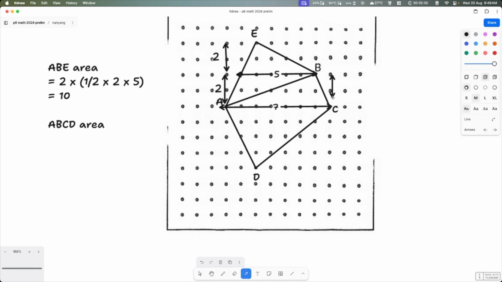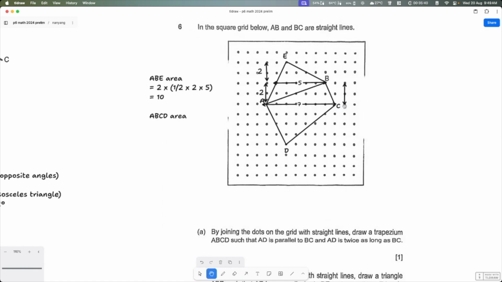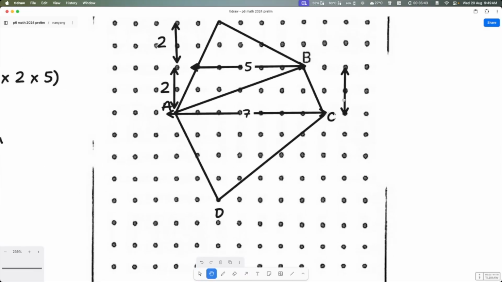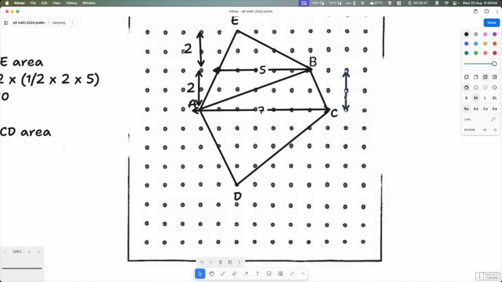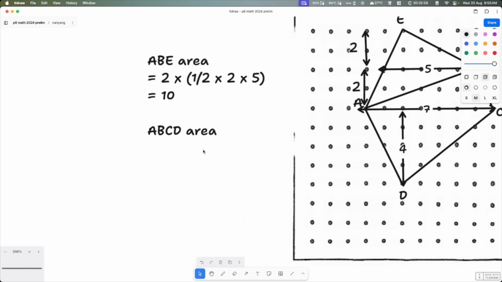We have 2, same thing, 2 as well. And then from here to here, we will just say 1, 2, 3, 4. So this is 4 and 2.